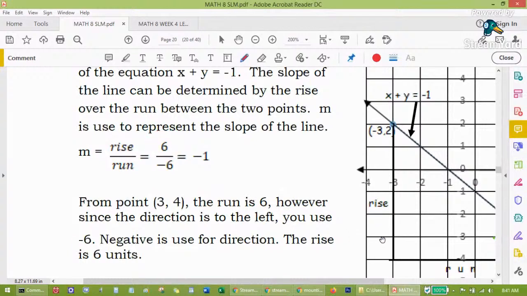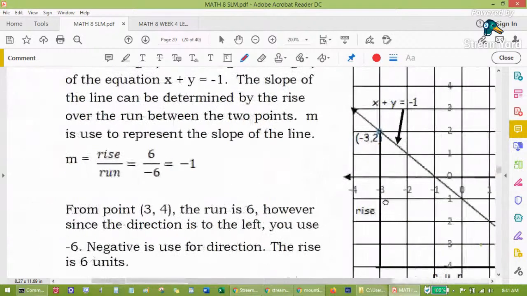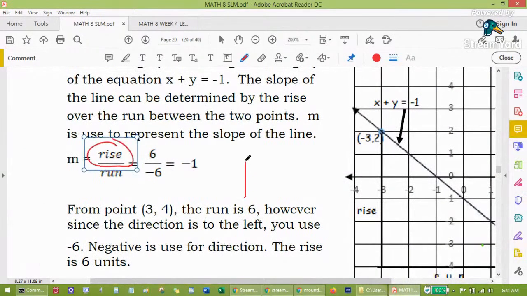Okay? Now, yung run niya. Kung umakyat ka or bumaba ka, that is the rise. Now, the run is kung tumakbo ka sa right side or tumakbo ka sa left side.